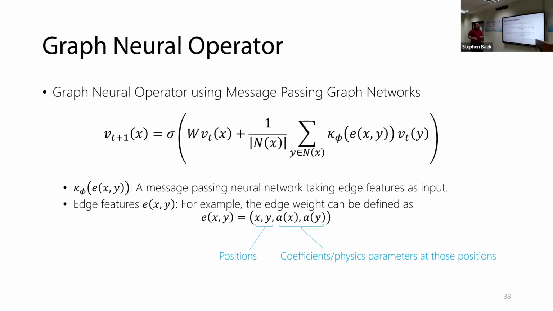So for any arbitrary graph discretization of your three-dimensional or physical domain, any arbitrary dimension, because of this message passing, you can produce the output on the graph nodes.